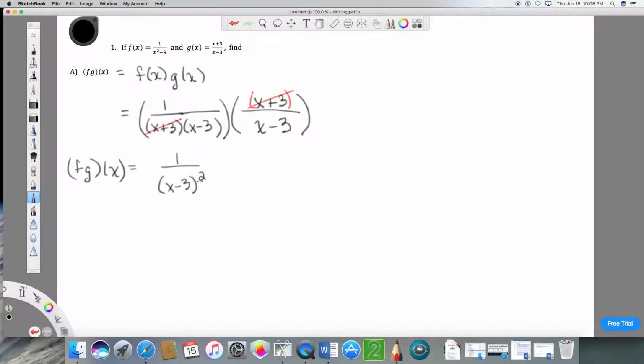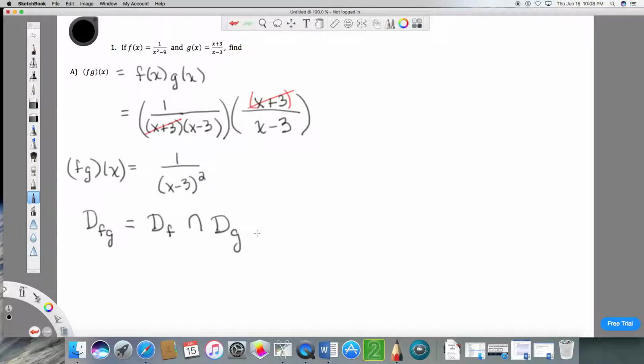So rather than finding your domain from the expression, it is smarter, and you'll make fewer mistakes, to find the domain of f times g, since we know it was built from two functions, by finding the domain of the individual functions and intersecting f and g.